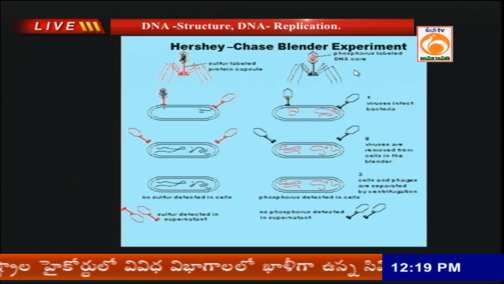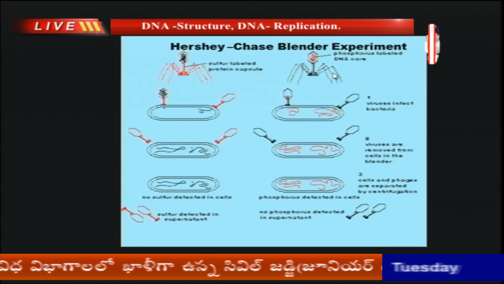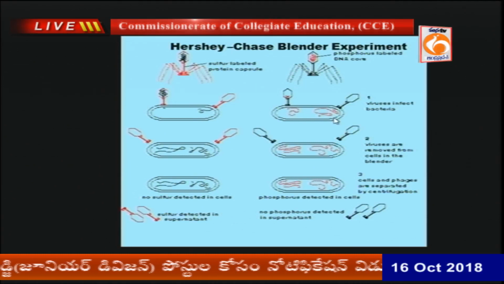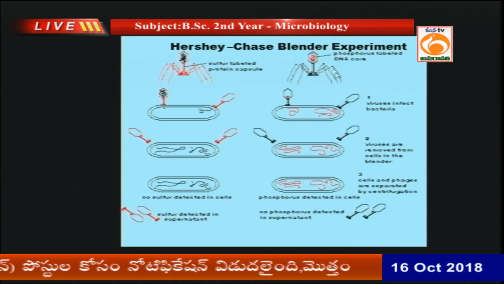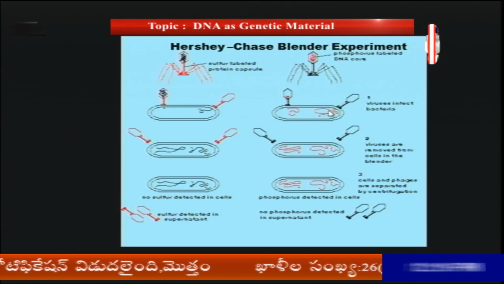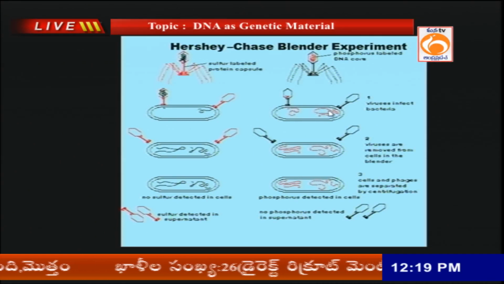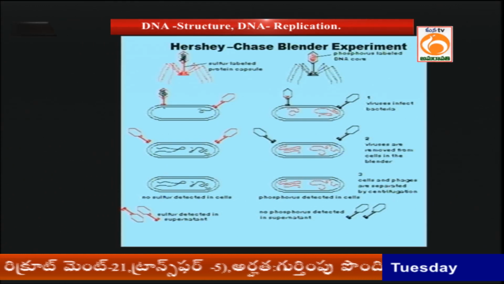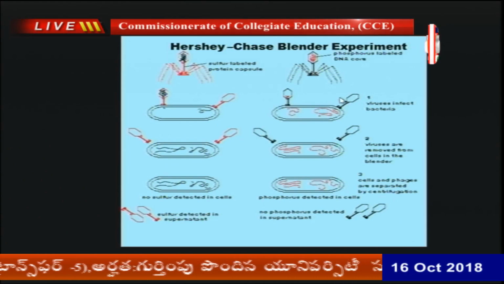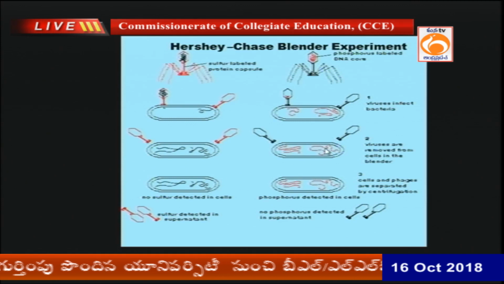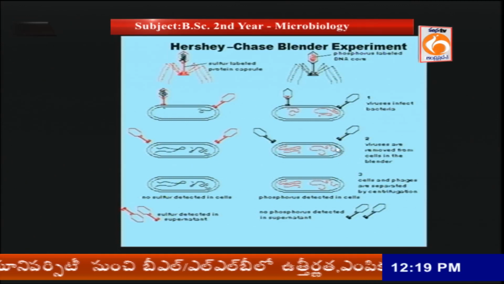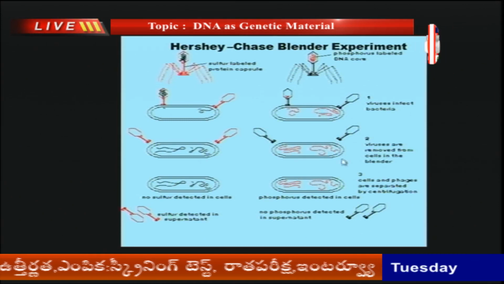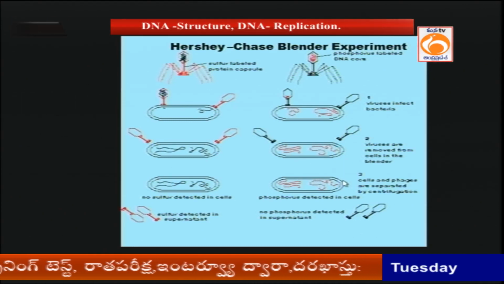When these P32 labeled viruses were used to infect E. coli bacterial cells, radioactivity in the form of DNA enters the host bacterial cells, but the non-labeled protein coats were left outside the host cell. Now, within the host cell, this radiolabeled DNA undergoes replication and forms new viruses.